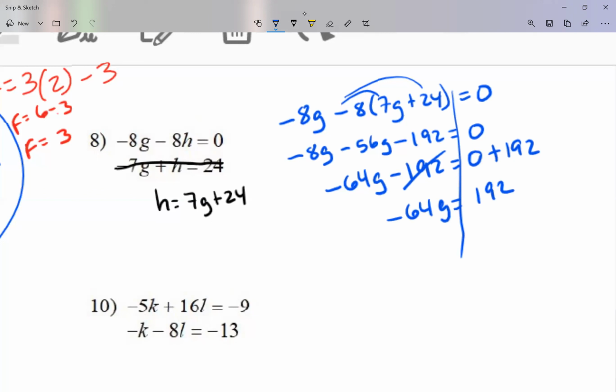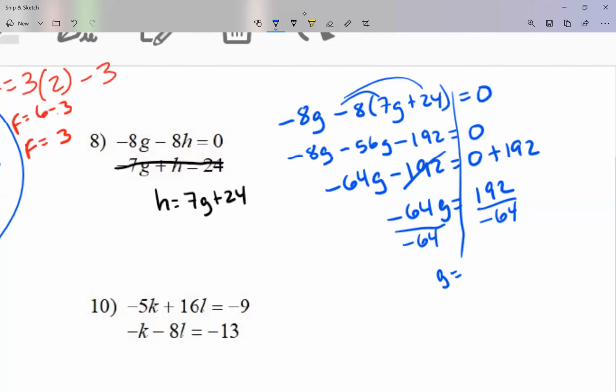Right? 0 plus 192 is 192. To find out G, let me divide both sides by a negative 64. I know positive divided by negative is negative. 192 divided by 64 is 3. Let me circle it. That gives me part of my answer. If I'm solving for G, well, G is equal to negative 3.